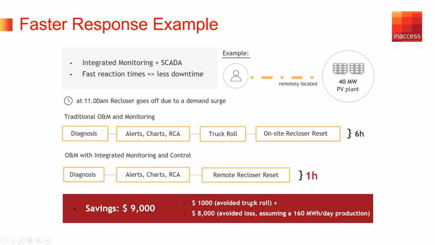Maybe the site visit costs more, or maybe the actual loss is more, depending on the time of the year. But as an average, we can see for a single incident, you can save this money. So the actual selection of SCADA is an important thing.